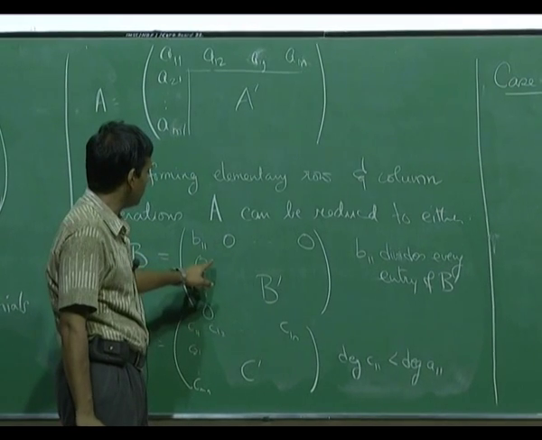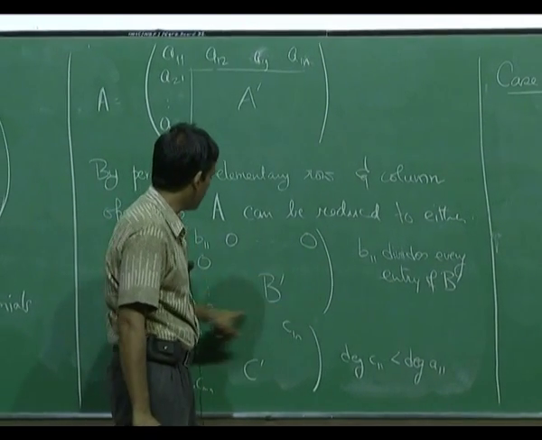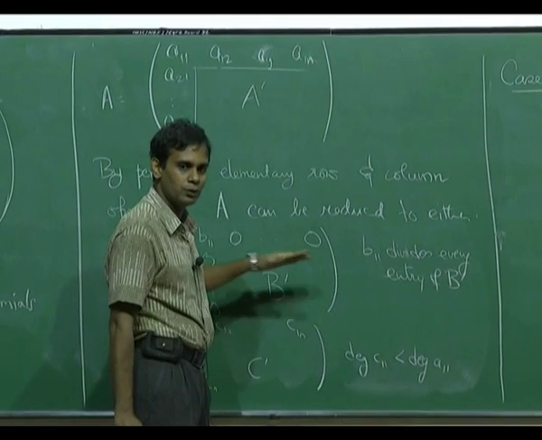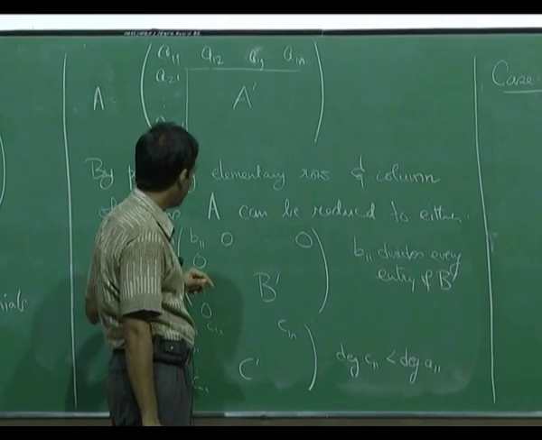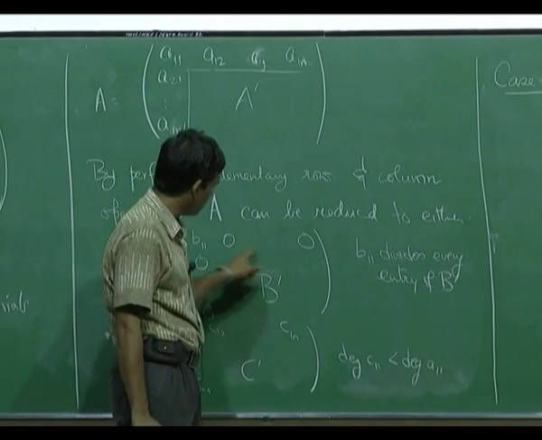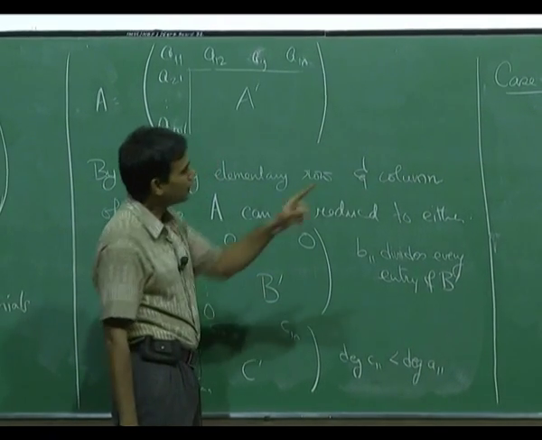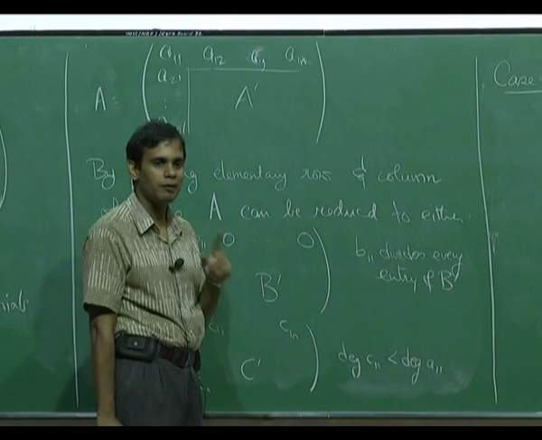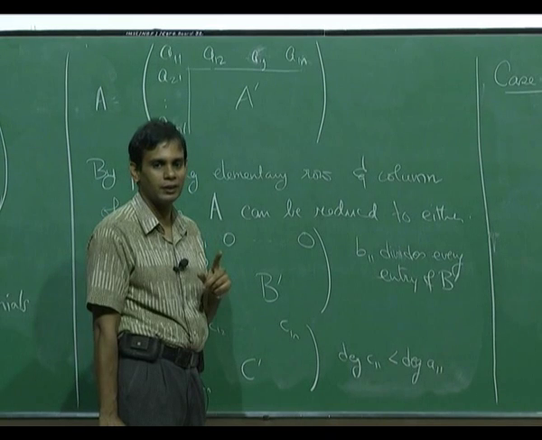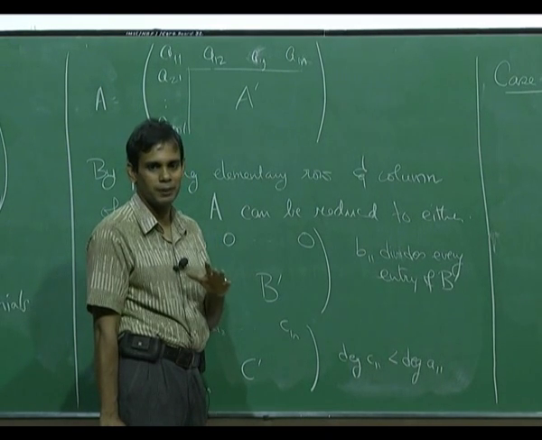And then inductively, now you will work only with this B prime, and you will be able to do the same thing. The only thing you have to check is that if B11 divides every entry of B prime, then no matter what row and column operations you use, that fact does not change. B11 will continue to divide every entry of the transformed matrices B prime.